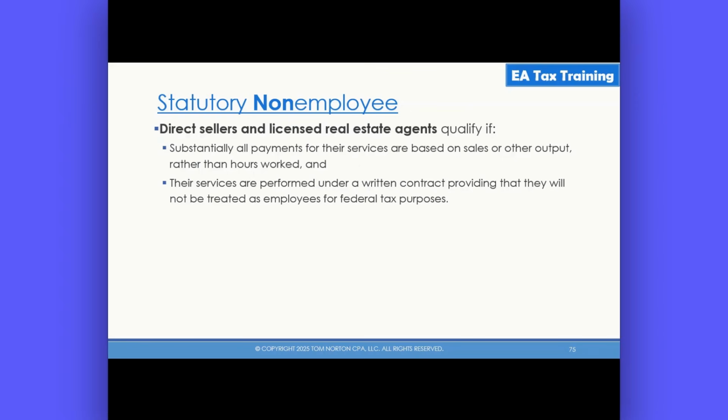So this is typical, for instance, in the real estate industry. The real estate agents will be self-employed individuals because this is the type of arrangement they have. They're only getting paid commissions for the houses they sell, and they have a written agreement that says, I understand I am an independent contractor. So they will be considered a non-employee, and there will be no argument from the IRS.